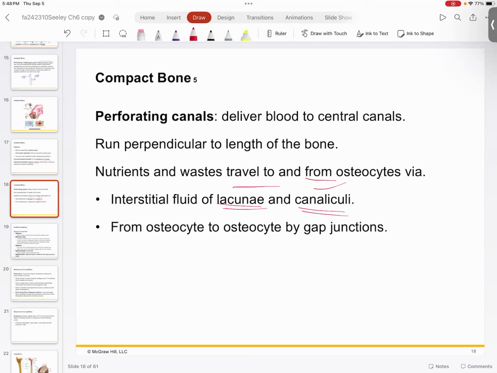So they're coming in there and basically freshening everything up. They're circulating fluid through those canaliculi and those lacunae to keep everything fresh in there, because you don't want things to start becoming stale and worn out, because then the cells are going to start to suffer.